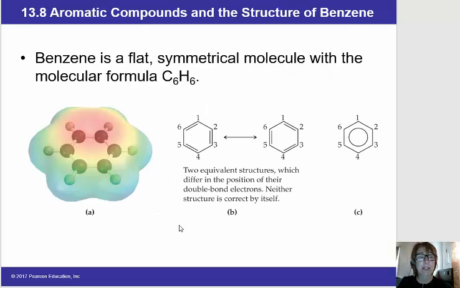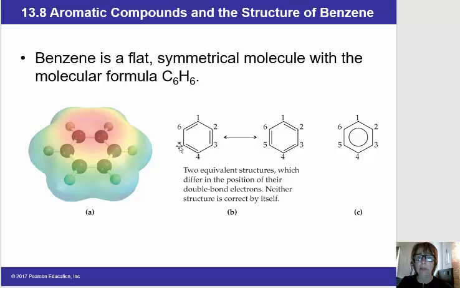Experimental evidence piece number 2 is the structure of benzene. So double bonds are shorter than single bonds, and when we were finally able to determine the structure of benzene, what we realized was that each carbon-carbon bond is the same length. So that means there are not 2 different types of bonds in this benzene ring.